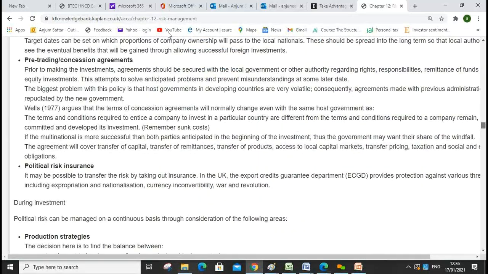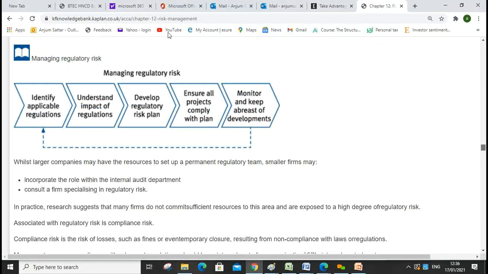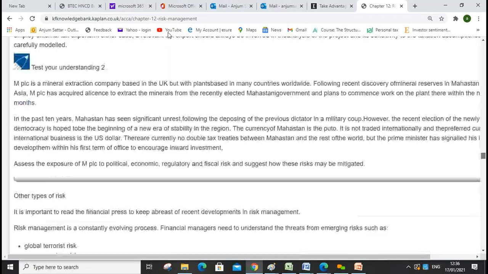So what can the approaches be? We can set acceptable levels of risk, manage regulatory risk, identify applicable regulation, understand the impact of new legislation, and plan for it. Yes.